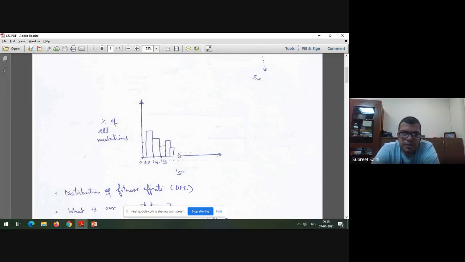We've had this discussion previously in one of the classes, where we asked what sort of distribution of beneficial mutation agrees with our intuition of how beneficial mutations would be distributed.